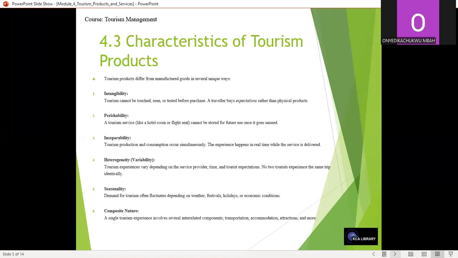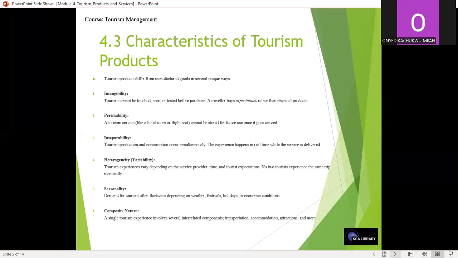Now, we're going to be talking about the characteristics of tourism products. Tourism products differ from manufactured goods in several unique ways. We broke it down into 6. Number one, it is intangible, like we already said in Module 1.